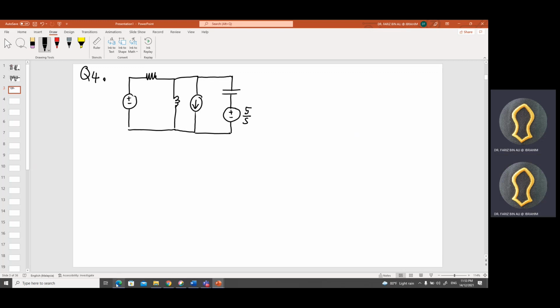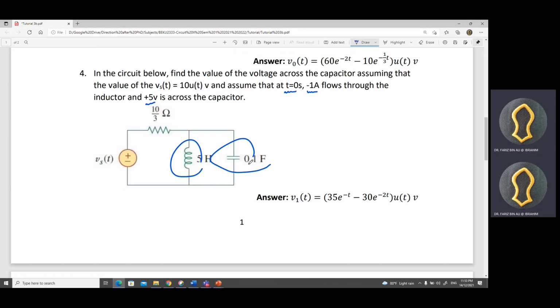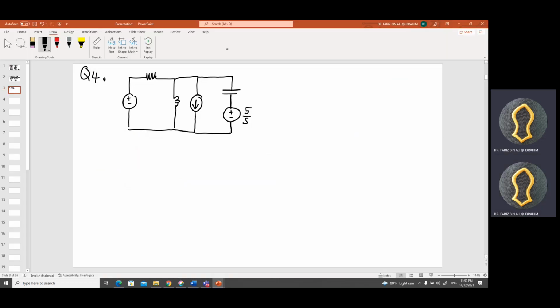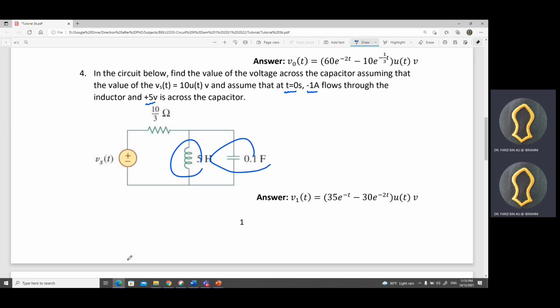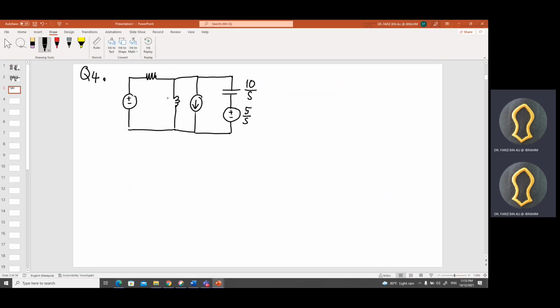What is the value of your capacitor? 0.1 farad. So 1 over CS, 1 over 0.1, which is 10. So when we convert to S domain, 10 over S. What about our inductor? Let's check here. We have 5 Henry, so that is going to be 5S.